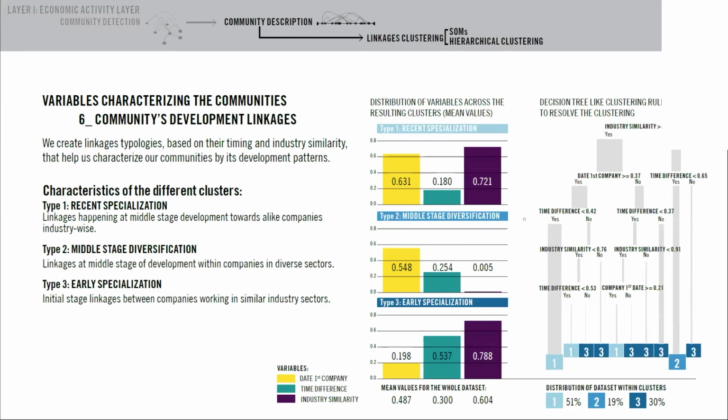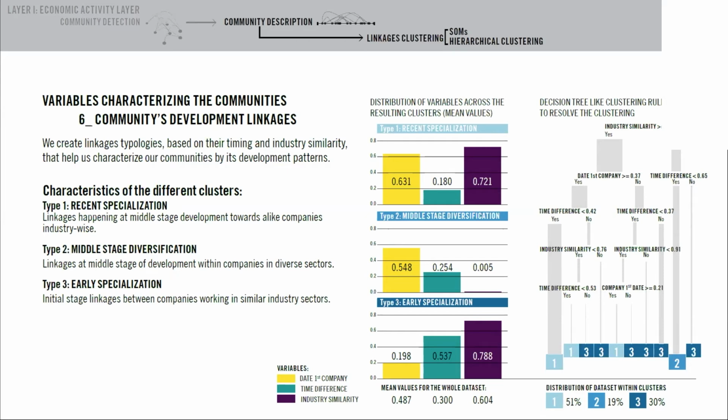So then we can cluster these nodes from the map and their respective linkages, and we can come up with 3 different typologies or clusters of linkages. The mean variables within these groups are shown in the bar chart in the middle of the slide.